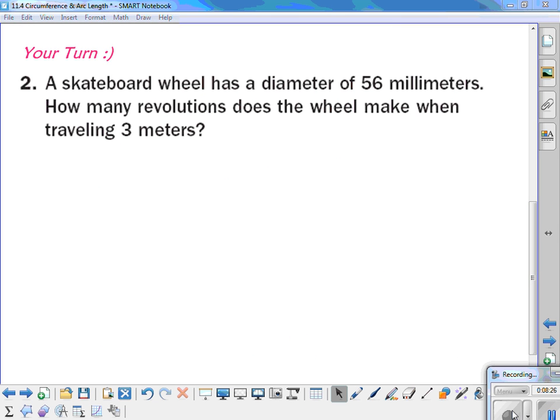So now it's your turn to figure one out. A skateboard wheel has a diameter of 56 millimeters. How many revolutions does the wheel make when it's traveling 3 meters? So you're going to have to work backwards on this one.